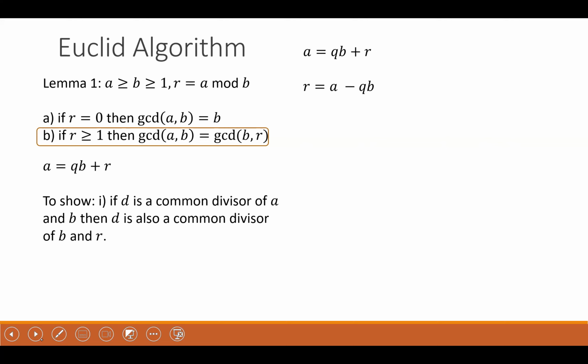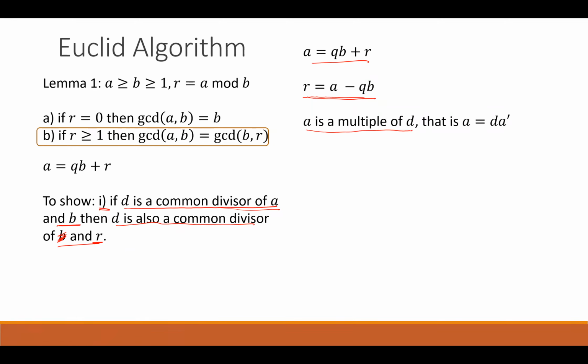Okay, so the first thing we want to prove is that if I have a common divisor of A and B, then it's also a common divisor of B and R. If it's a common divisor of A and B, then I know it's a divisor of B. I just need to prove that it's also a divisor of R. So I'm going to rewrite this linear equation as R is equal to A minus Q times B. My assumption is that D is a divisor of A, so I can write A as D times some number A prime.